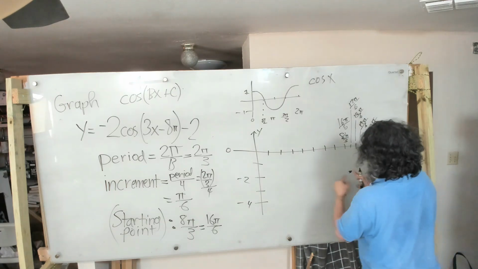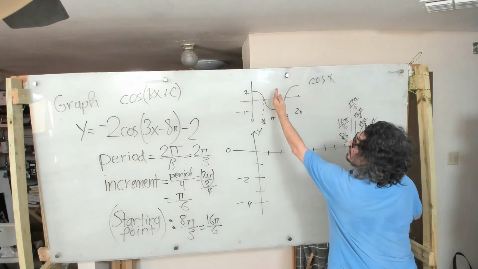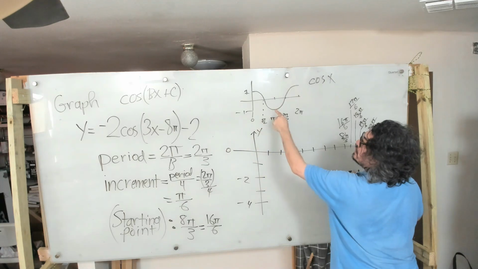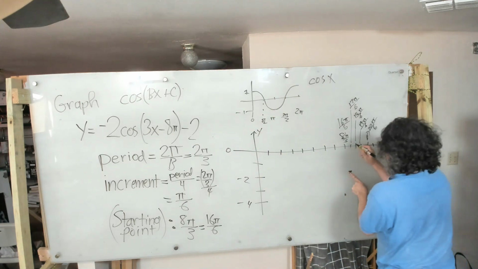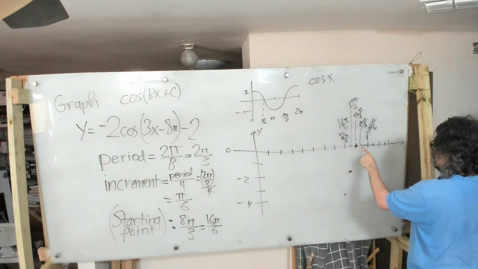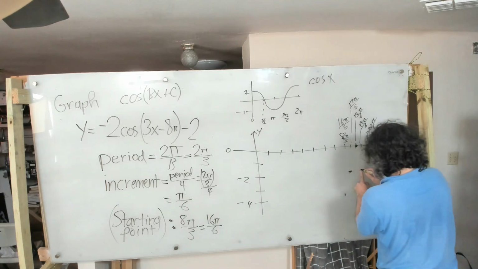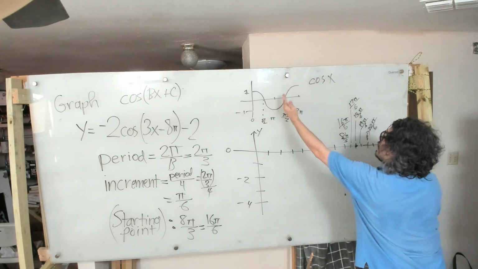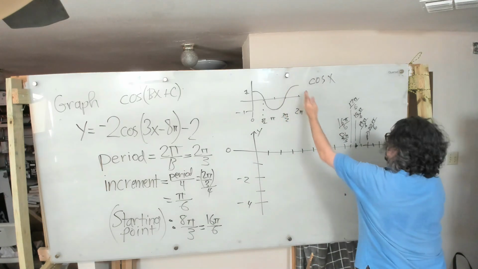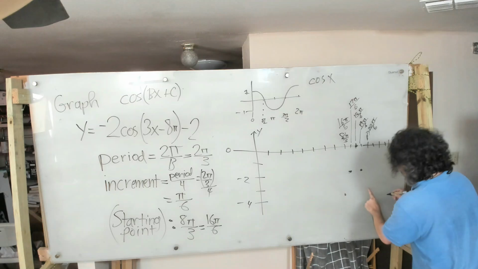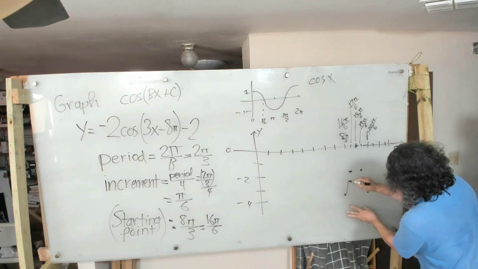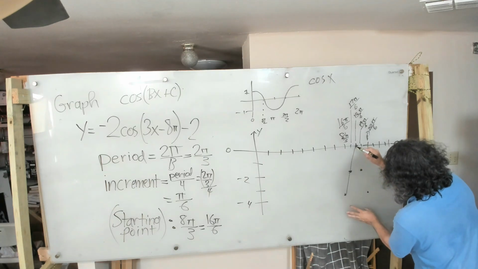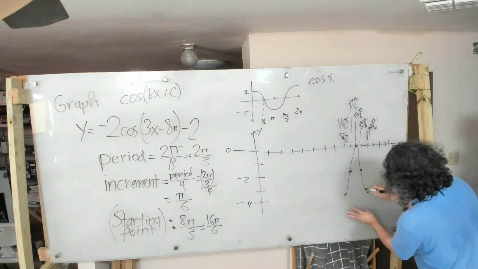Then, when we move one increment to the right, because it's negative, instead of being at the bottom, it'll be at the top, right? So that'll be here. And then, at our next increment, it'll be here again, because it'll be back at the 0, and then our next increment will be back at the starting point, which is here, because it's one period. So now here it's going to be rough. Oh wow, it looks like I pulled it out.